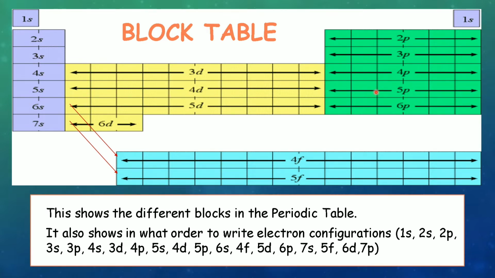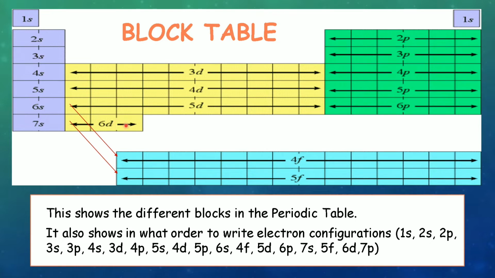After 5p, we go down to the sixth row, we have 6s. But you will notice there is an arrow pointing down, because the elements at the bottom under the F block are a continuation of those numbers. After 6s, we have 4f. And then, we go back up, 5d, and then 6p. After 6p, we go down to the 7th row, 7s. And then you will see another arrow pointing down. Again, it is a continuation. So, after 7s, we have 5f. And then after 5f, back up, 6d. And then we still have some elements under the P block, specifically the 7p.